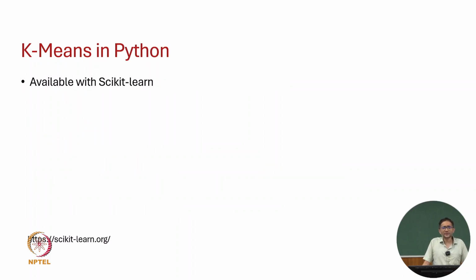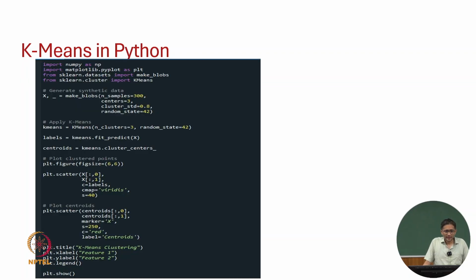So let us see, very quickly, a k-means example in Python. Again, k-means is conveniently available with scikit-learn. In this particular example, we took 300 data points, and we generated the synthetic data in such a way that we have 3 sets of data corresponding to 3 different distributions, and then we apply k-means to group it into 3 different classes.